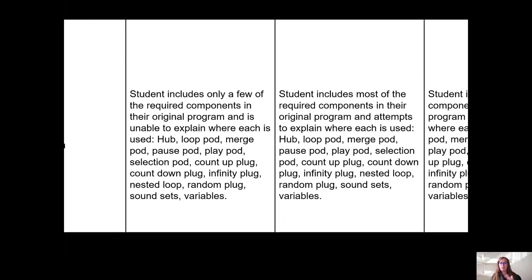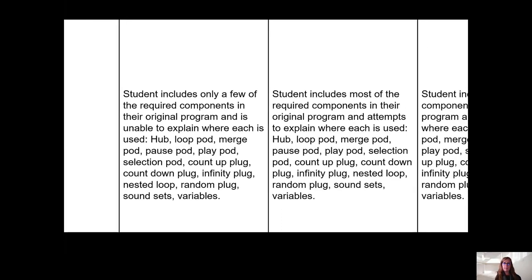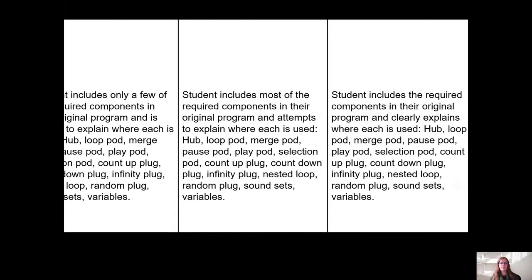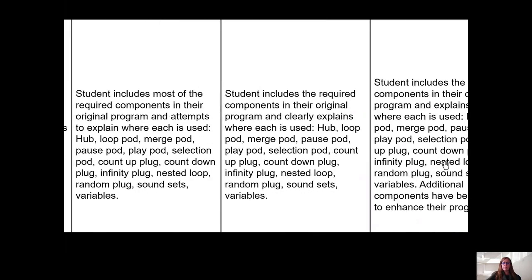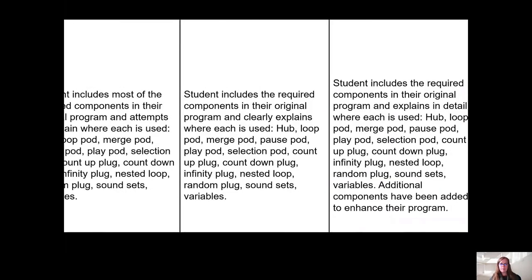Those are then listed, all the different pieces that we have to include. Level 2, student includes most of the required components in their original program and attempts to explain where each is used. Level 3, student includes the required components in their original program and clearly explains where each is used.